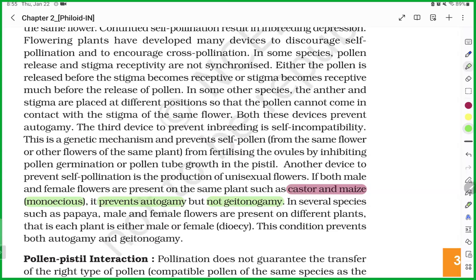But it prevents autogamy because it wants to have as much diversity as possible. Xenogamy is possible when pollination happens through insects or another pollinator. Any doubt, Tohina? Castor and maize? No, sir.